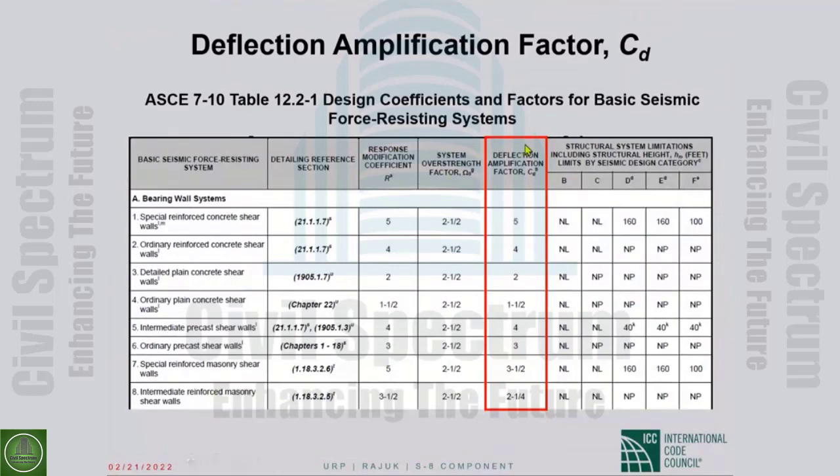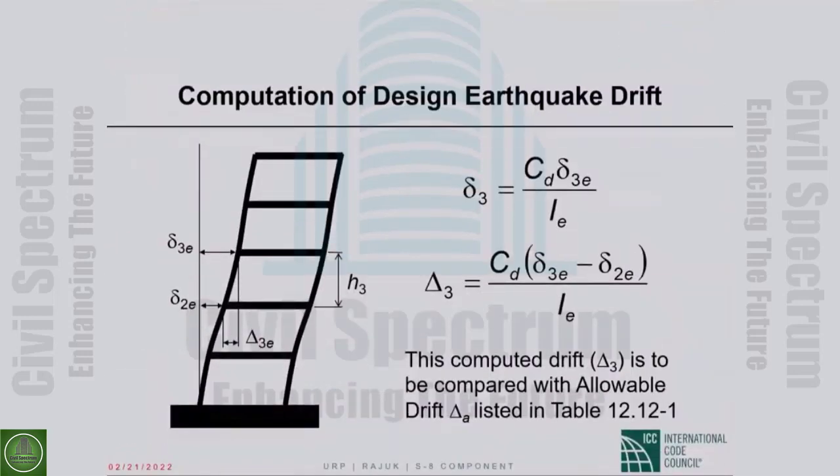The C sub D values, as I said, are given in the R values table, Table 12.2-1 of ASCE 7. The corresponding table is in BNBC also, and on other slides I have given you the BNBC table numbers. Now, so lowercase delta sub XE, capital delta sub XE, capital delta sub X divided by H sub X. We have discussed all of that.